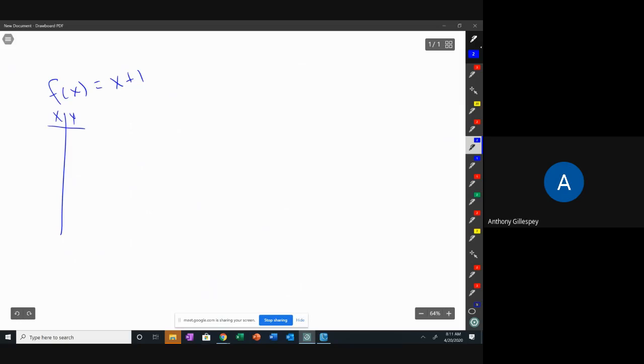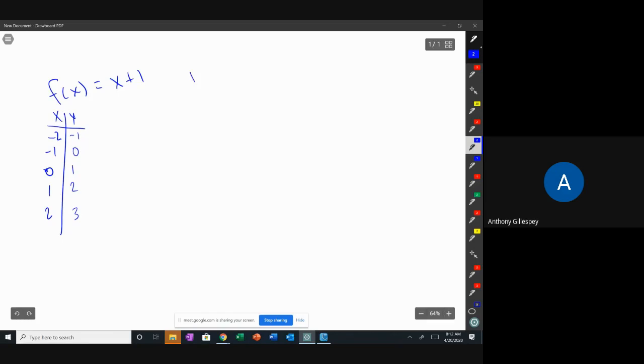Let's do x values of -2, -1, 0, 1, and 2. When you put a -2 in the machine, you get out a -1. When you put a -1 in, you get out a 0. When you put a 0 in, you get a 1. You get a 2. You get a 3, right?